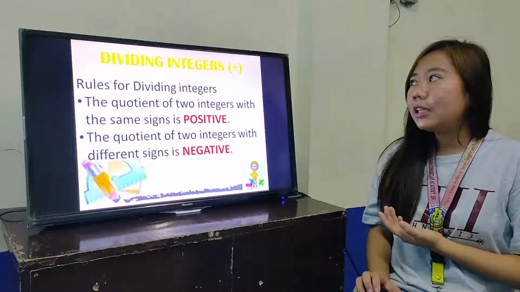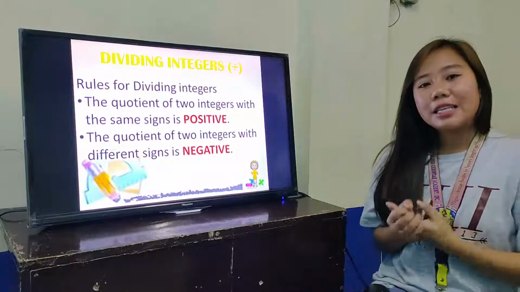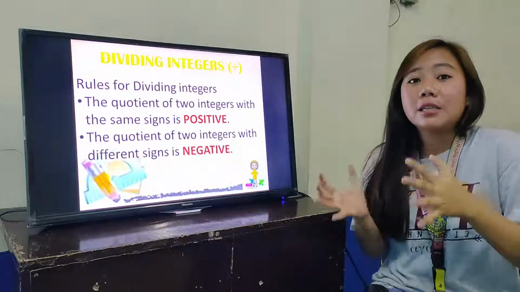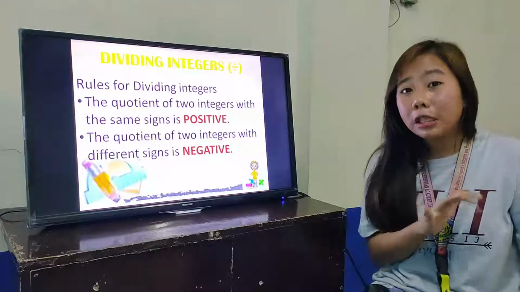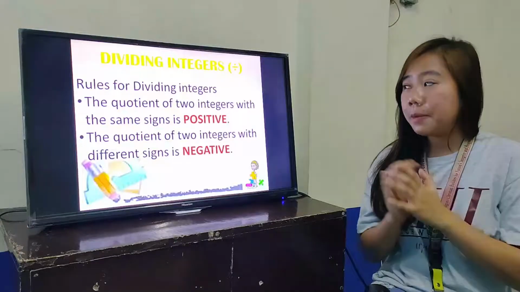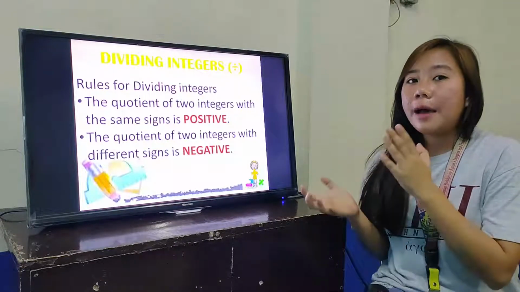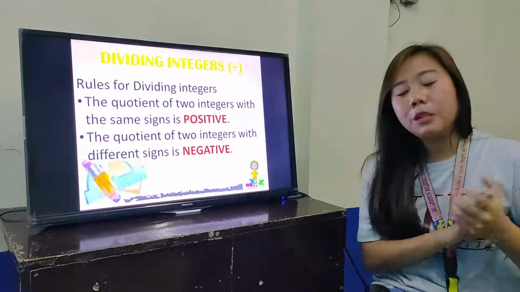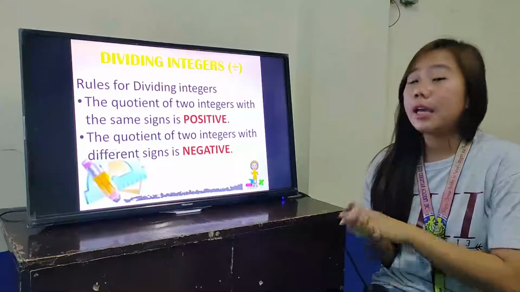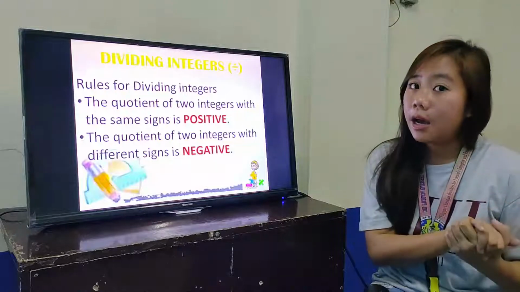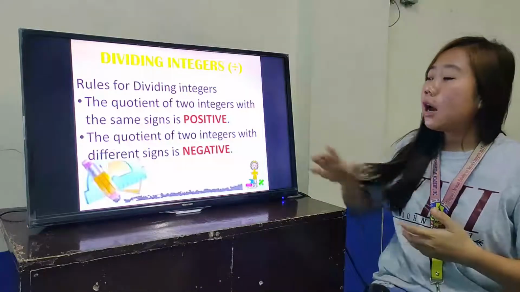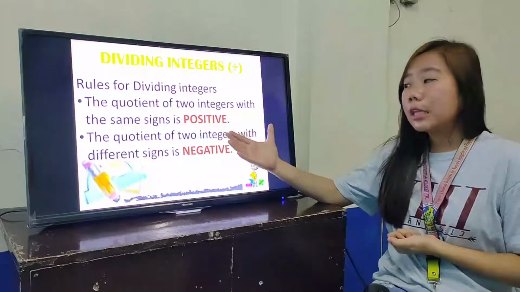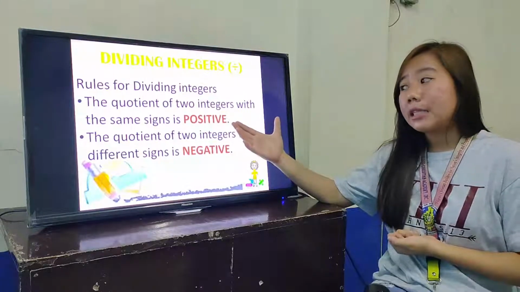In dividing integers, we have the same rules as multiplying integers. But in dividing integers, the answer is what we call the quotient, while in multiplying integers, the answer is what we call the product. Number 1, the quotient of 2 integers with the same signs is positive.